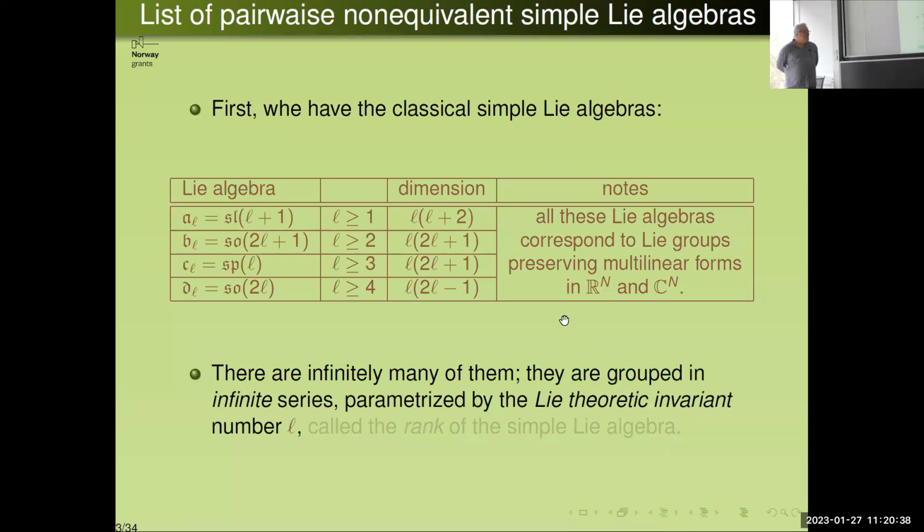They are grouped in infinite series parameterized by the Lie theoretic invariant number L, called the rank of the simple Lie algebra. So these are this series of simple Lie algebras, and actually at the time of Killing, I think that only Lie and Engel knew something about these Sp guys.